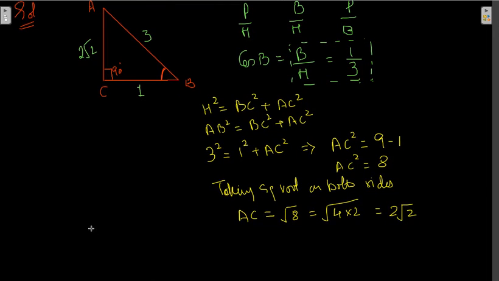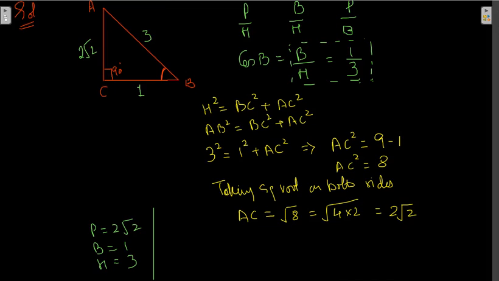Perpendicular is 2 under root 2, base is 1 and hypotenuse is 3. Now with this information, we can easily find the rest of the trigonometric ratios.